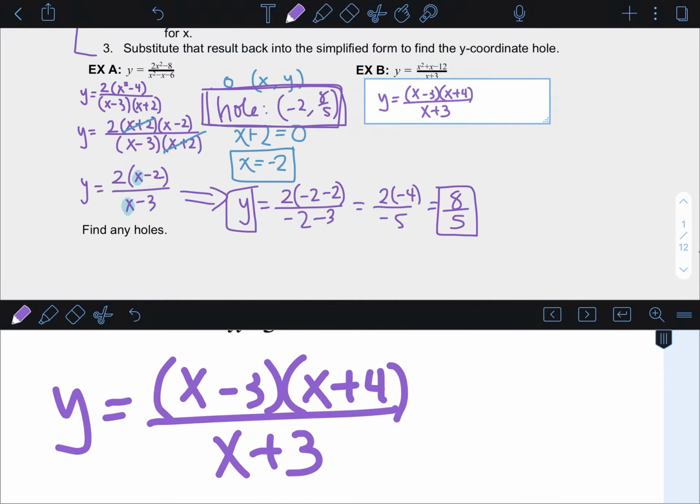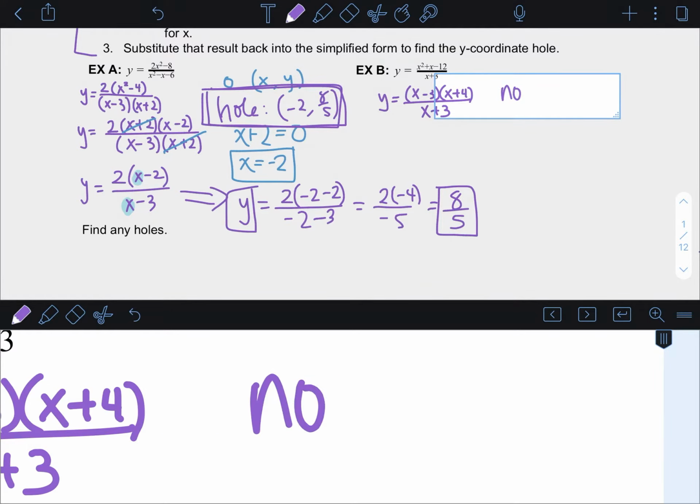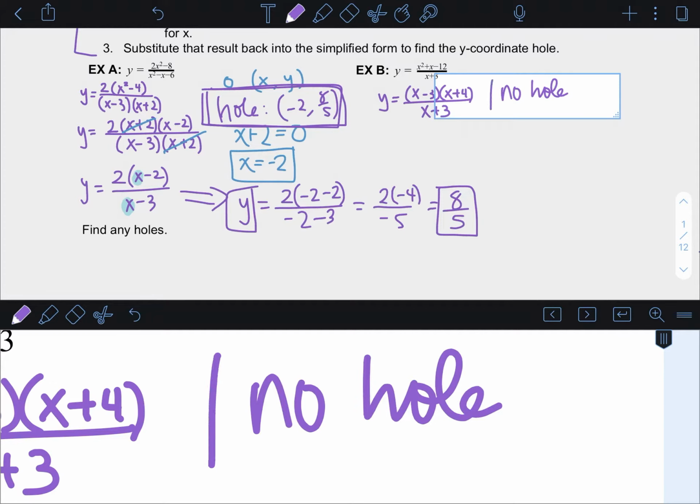Now that everything is factored, I need to see what cancels. I have an x minus 3 at top and x plus 3 at the bottom, but those are not the same, so it's not going to cancel. So when nothing cancels, that means our function has no hole.